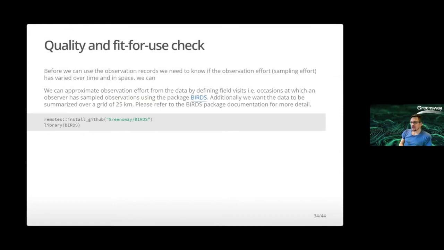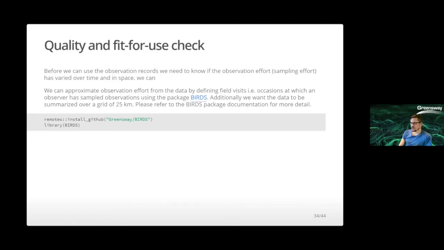We go further in this example and use the package birds to summarize sampling effort and check whether the data is fit for use. We will use a grid of 25 kilometers to do this summary in this example.